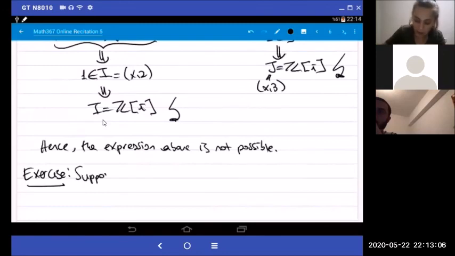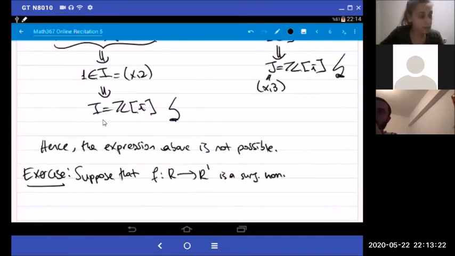Suppose that you have a surjective homomorphism between two rings R and R prime, of course a ring homomorphism.